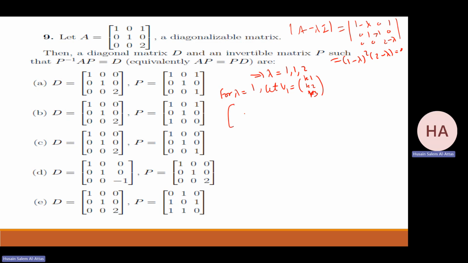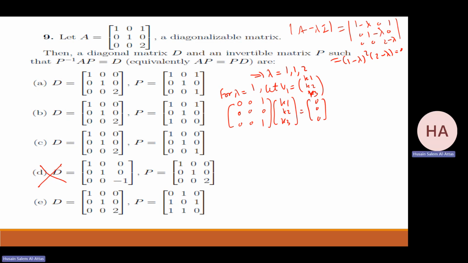So I have the system 0, 0, 1, 0, 0, 0, 0, 0, 1 times K1, K2, K3 equals 0, 0, 0. Yeah, by the way, this is wrong, huh? Because on the diagonal, 1 minus 1, I have 1, 1, 2. I look like this.